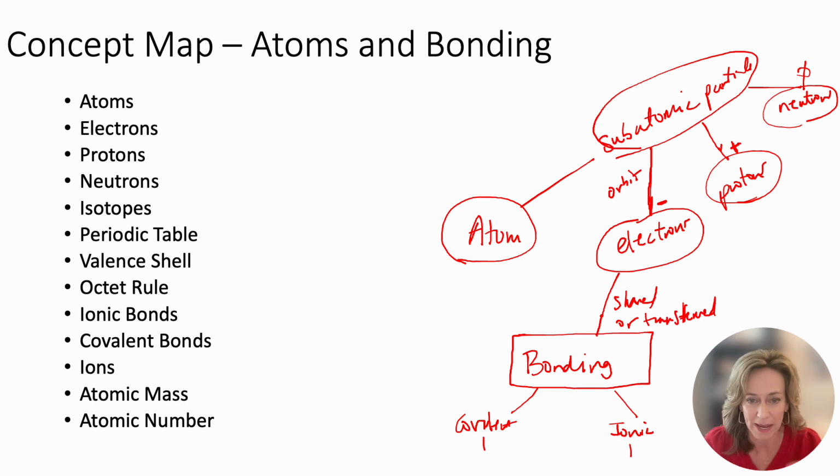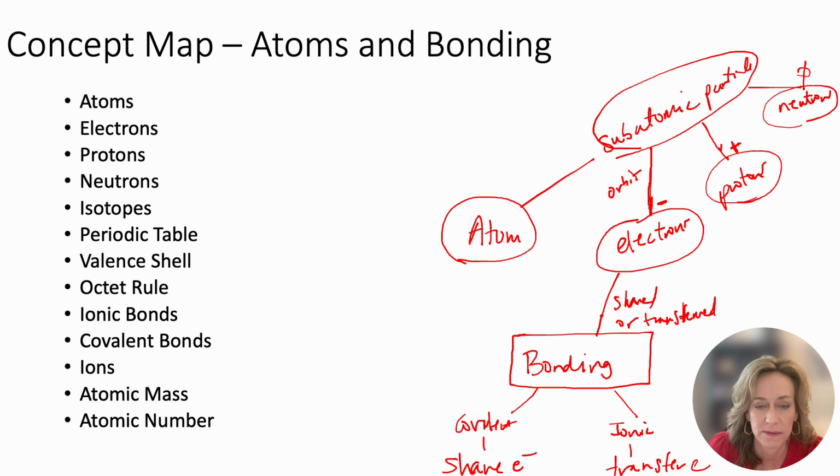Okay, welcome back. I hope you did your concept map. Covalent bonds occur when atoms share electrons, right? Ionic bonds occur when atoms transfer electrons. Now, my little picture is in the way here, but what I need to do with ionic, I need to make another little circle, and I need to say ions, right?